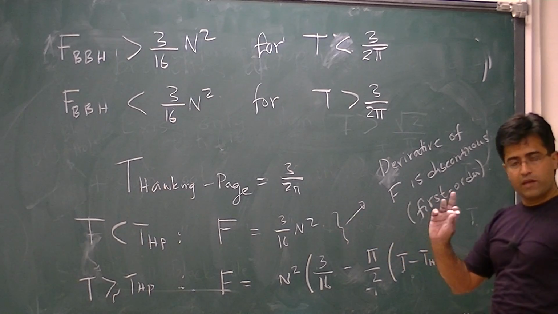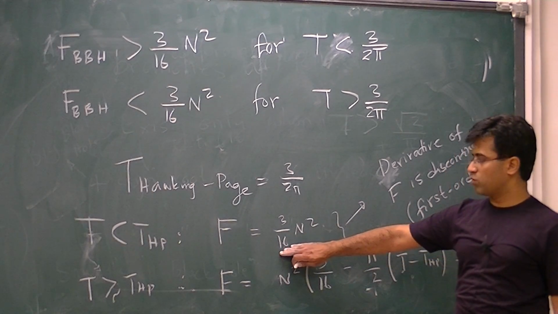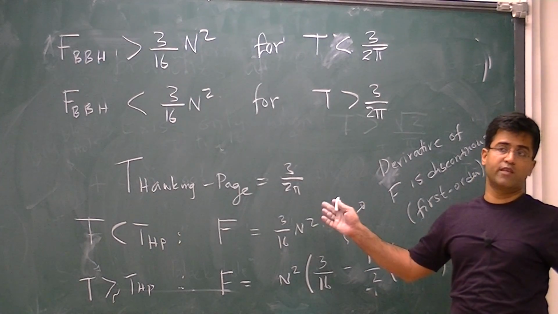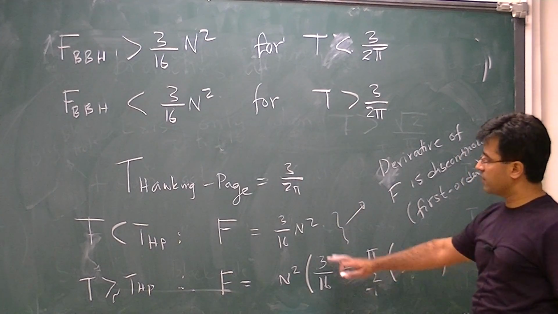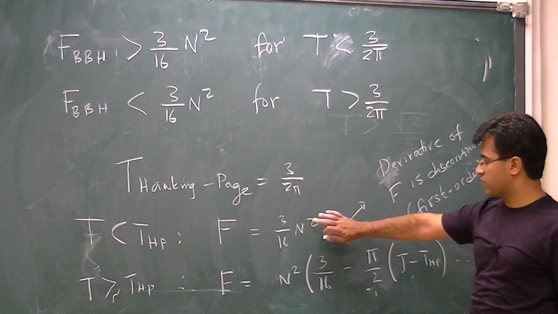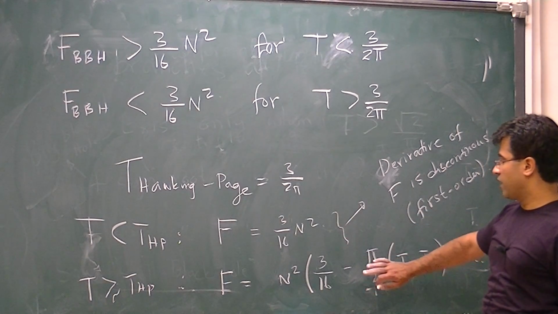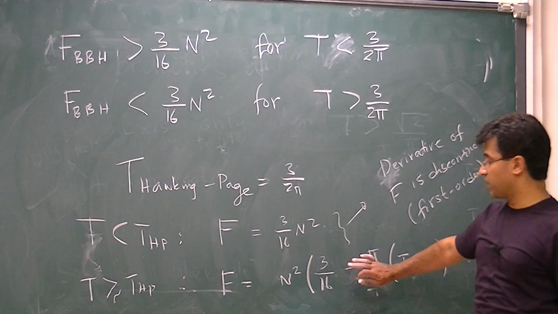What's also important to note is that across this transition, if you subtract out this zero point energy, the Casimir energy, which is a reasonable thing to do, it's just a zero point energy, you're basically saying that the free energy of the system changes by an amount of order N squared.